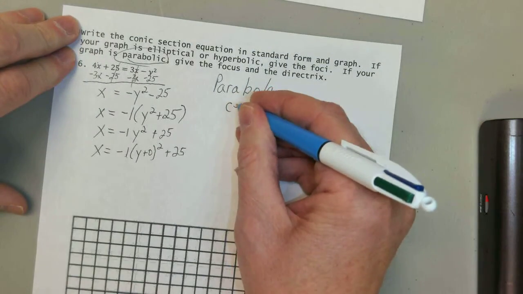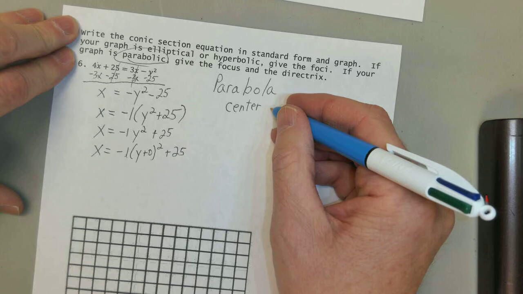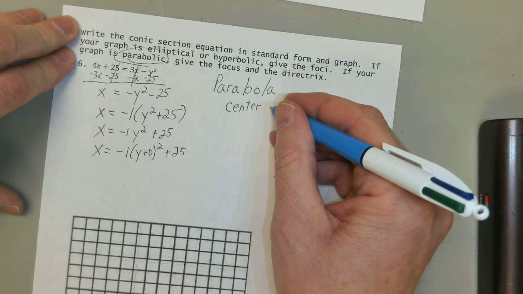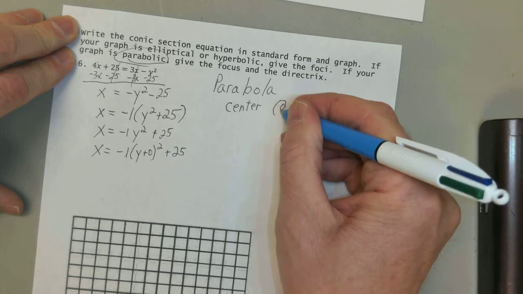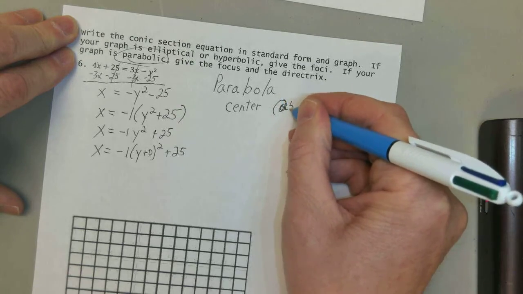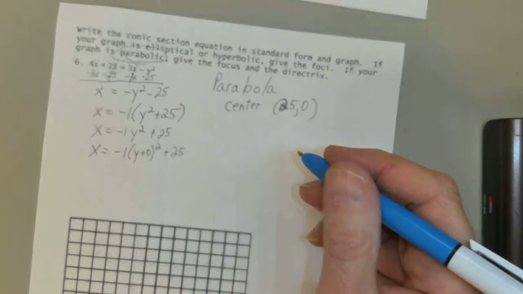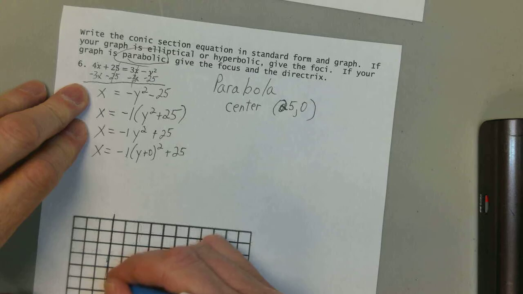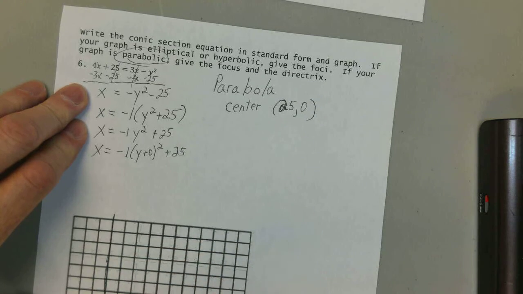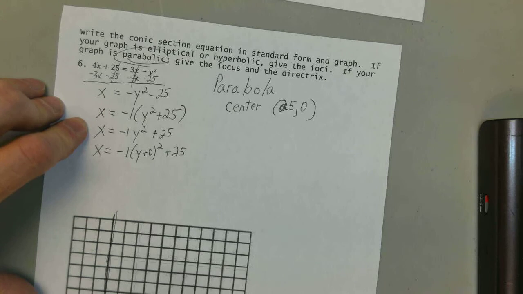The center, I'm going to have to change the scaling on this. The center is actually 25, 0. So I'm going to put an axis here, and an axis here.